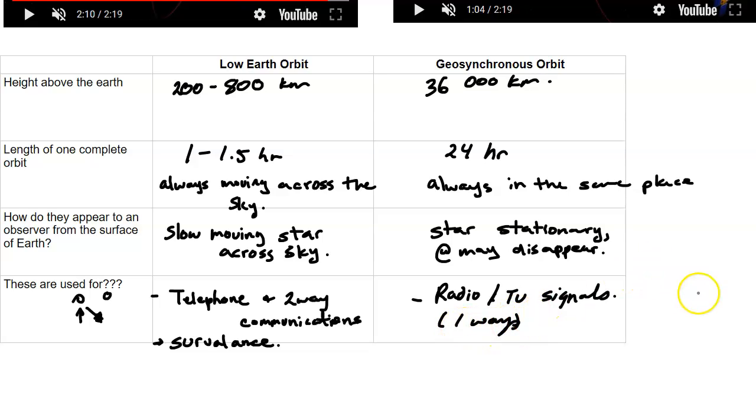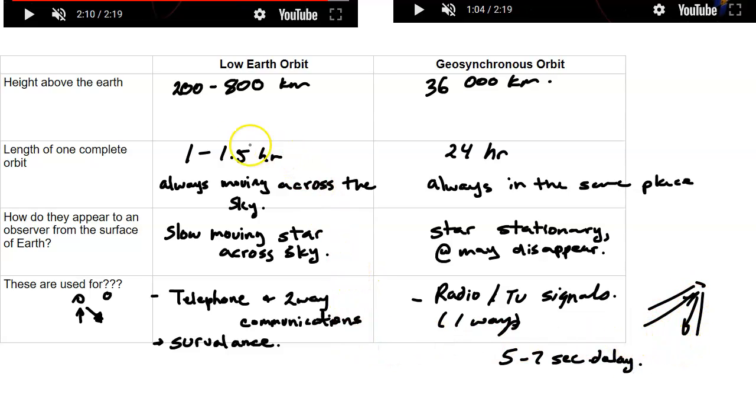In this case, it is much further, has a huge wide base, but it takes a lot longer for the signal to come up and back down to wherever it needs to go. And as such, usually you've got, let's say, a 5 to 7 second delay for the signal to get there and back.